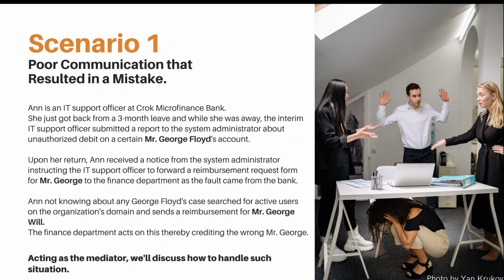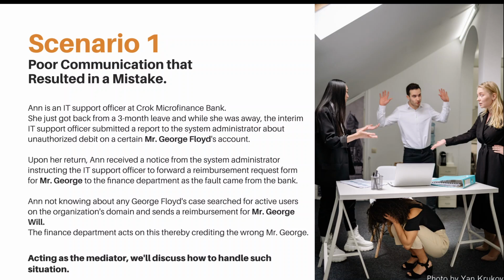So the best option would be to go to the finance department and calmly explain what the issues are while following standard organization protocol. Then reverse the money sent to Mr. George Will while confirming all details that match the actual affected user, Mr. George Floyd, and crediting his own account.